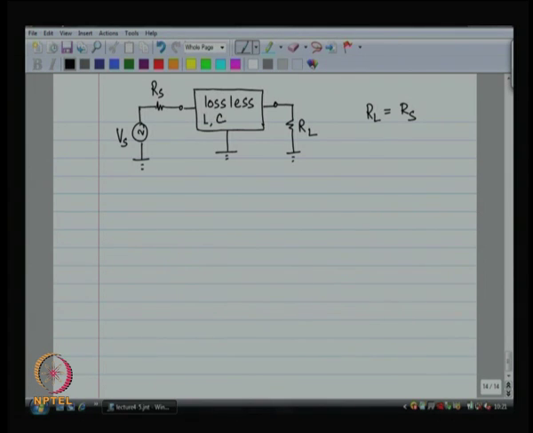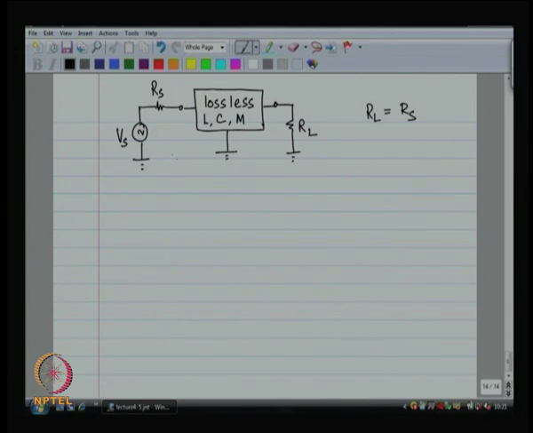Inductors, capacitors, if you need transformers, mutual inductances, any element that does not consume power. So, this does not mean that you can use resistors, transistors, diodes, nonlinear components, anything that consumes power. You cannot use these inside this network.